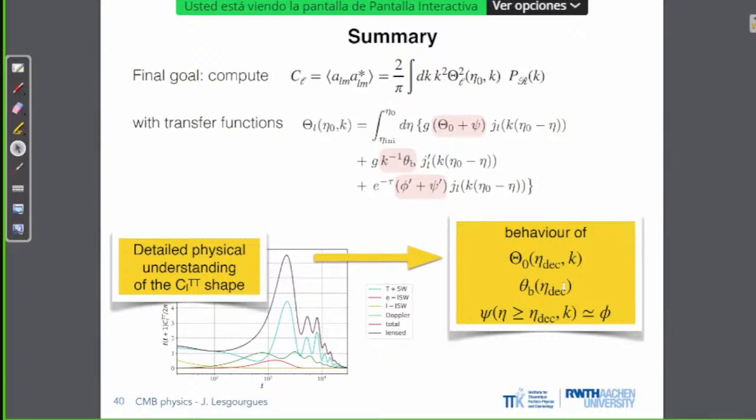Because of the integrated Sachs-Wolfe effect, I need to know them at all times after decoupling. And we will work in the approximation where psi and phi are the same, because we will neglect the effect of the anisotropic stress. So this is the last task that will bring us to the full understanding of this shape. And we start it now.